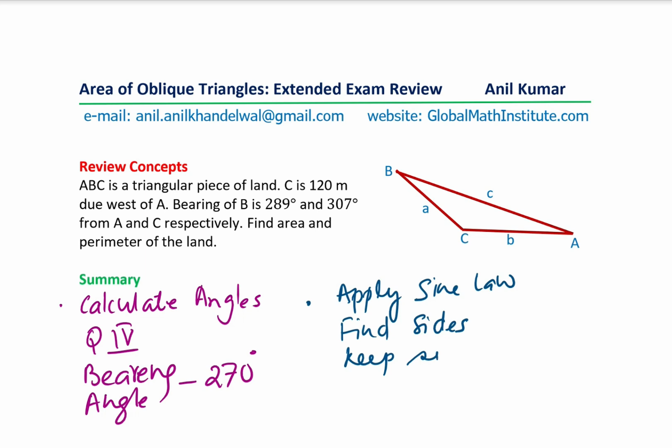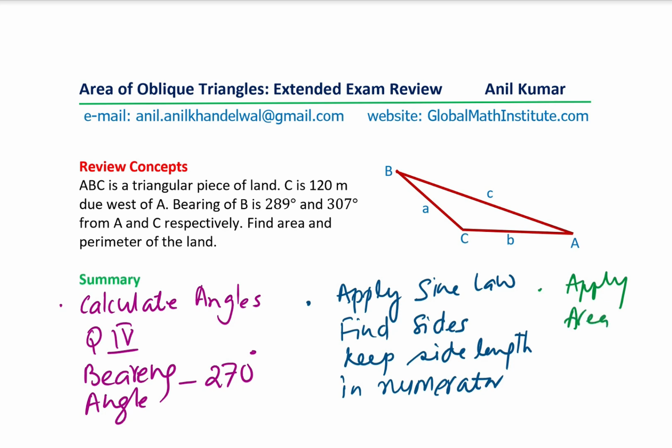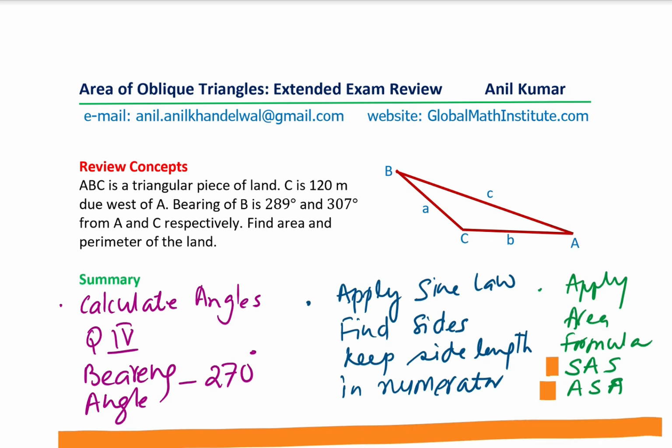Keep side length in numerator. And the third and final step is apply area formula. So there could be two different formulas depending on whether you have the side angle side case or the angle side angle case. So you have now two formulas to work with. You could use any of these formulas, and that should help you to provide a quick solution to your questions.